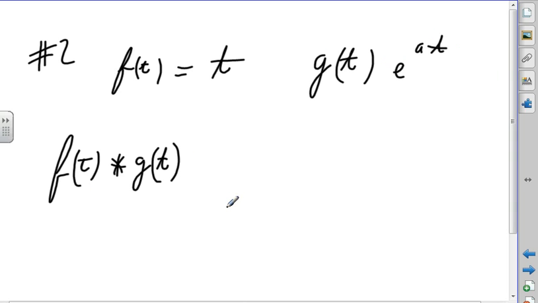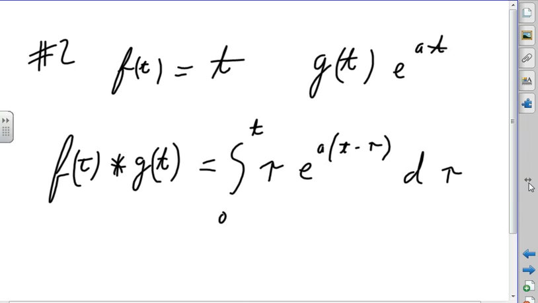All right, so we're going to say that that's going to be equal to the integral 0 to t of f of tau, which would be tau, g of tau, which would be e to the a of t minus tau, d tau.